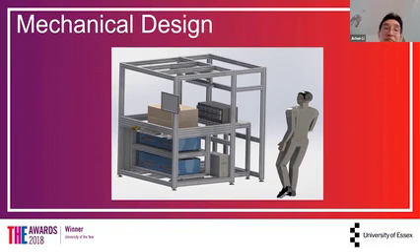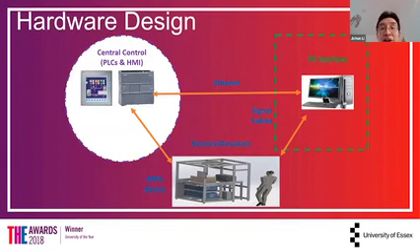At the same time, you should design the hardware. This hardware may have a microcontroller core, or you can use a PLC or an industrial PC, with sensors, actuators, and integration of this hardware. That's the hardware design of the mechatronic systems.